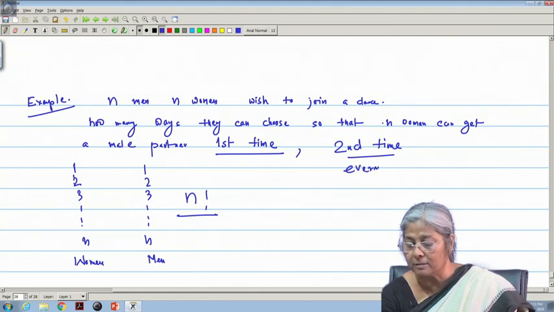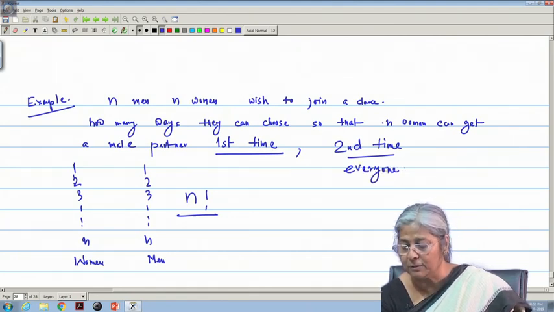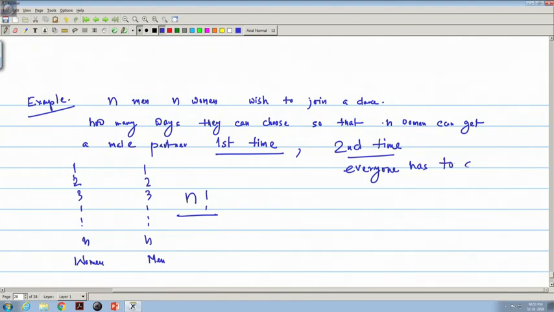This is my restriction, which means a derangement. This is nothing but Dn. So this is the second time's turn, with this restriction, and it is Dn.